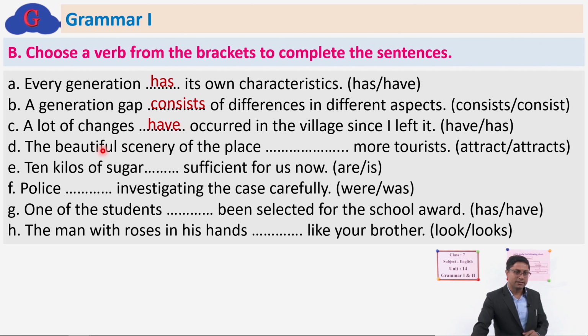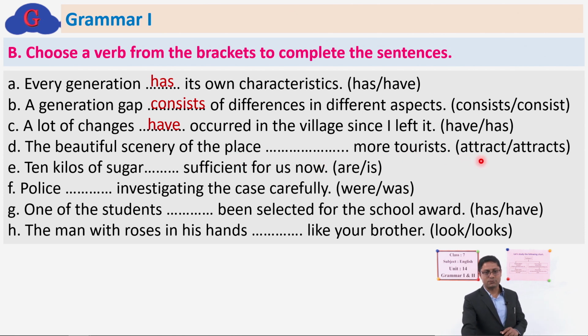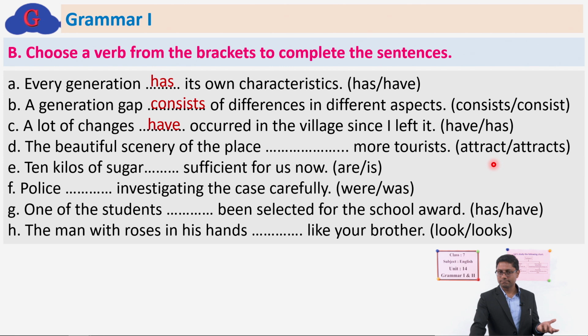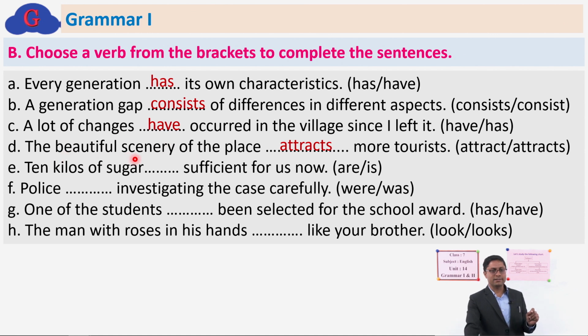That's good. Okay, see D. The beautiful scenery of the place more tourists, and we do have "attract" and "attracts". Which one is the right word here? Certainly it's "attracts". Very good. The beautiful scenery of the place attracts more tourists.